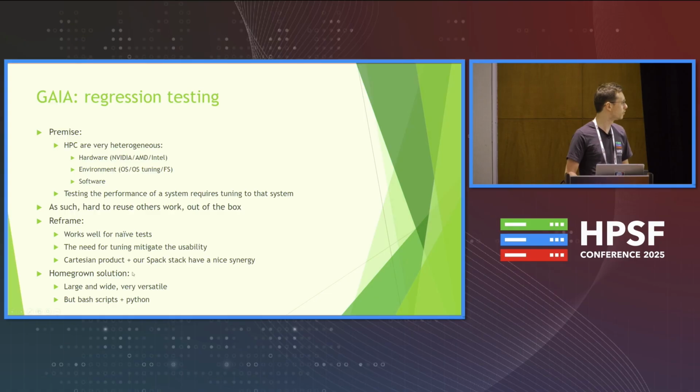And then we also have a homegrown solution, which is very versatile and very large, but it's basically just a list of Bash scripts and Python. Obviously, all of that generates a lot of data, and then we can do reporting and time series and things like that to monitor the performance. But the important fact is that we basically have two regimes, one for naive tests and one for very well-tuned tests.